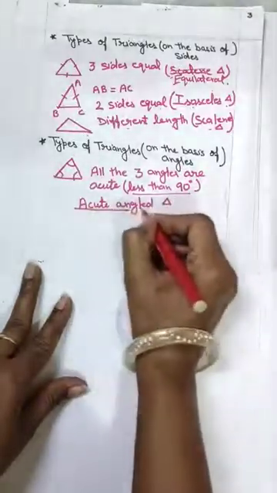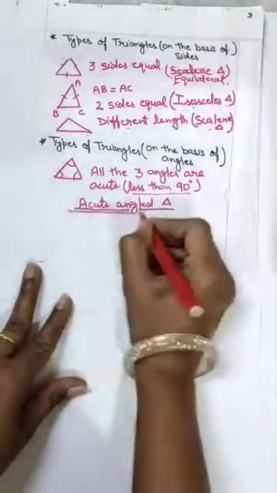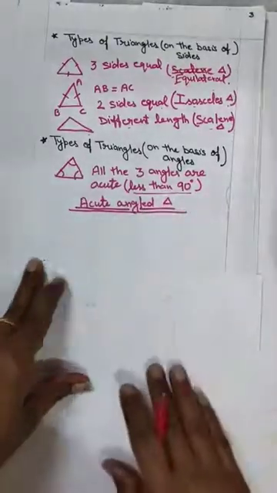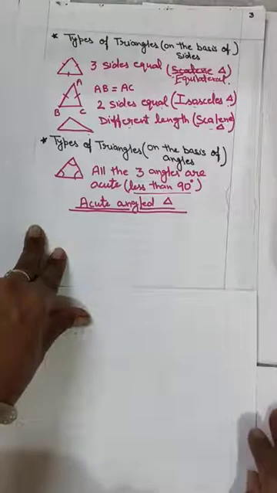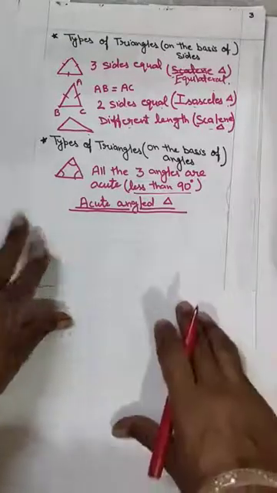It is called an acute angled triangle. If all the three angles are less than 90 degrees, or we can say if all the three angles are acute. Okay.